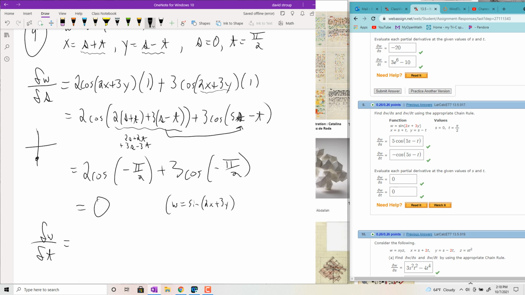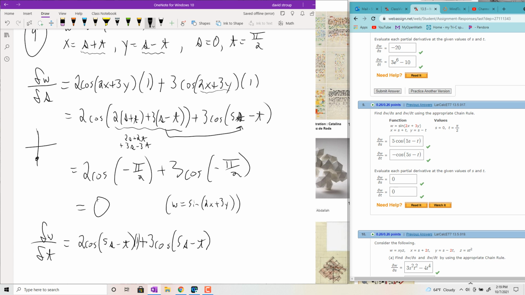Okay, so partial of w with respect to x is going to be basically the same thing, right? It's 2 cosine of, and eventually it'll be 5s minus t when I do all my back-substituting. And then plus 3 cosine of 5s minus t. Oops, I have to multiply by the derivative of x with respect to t, which is just 1.